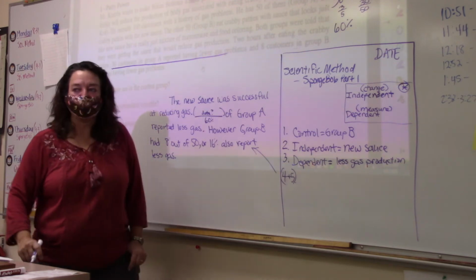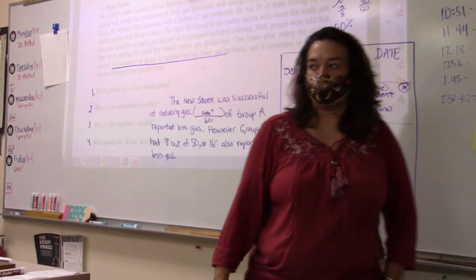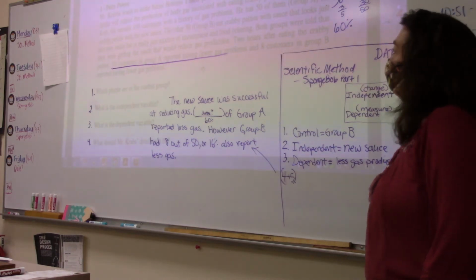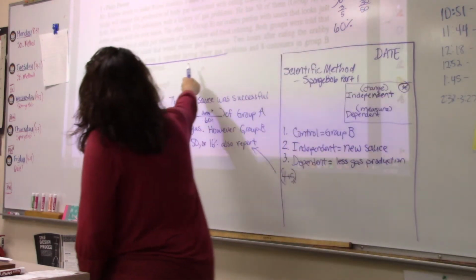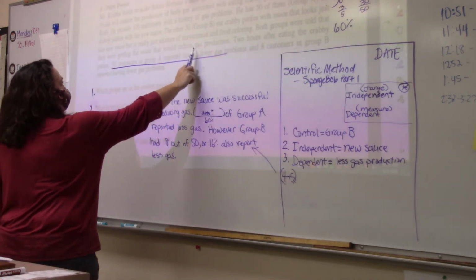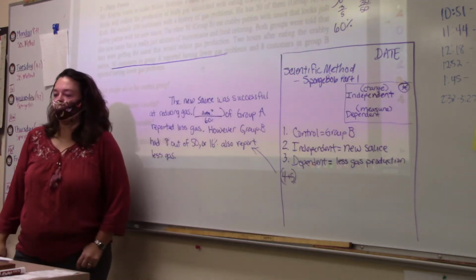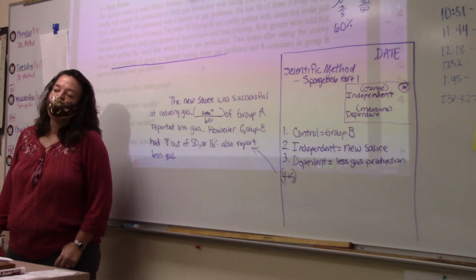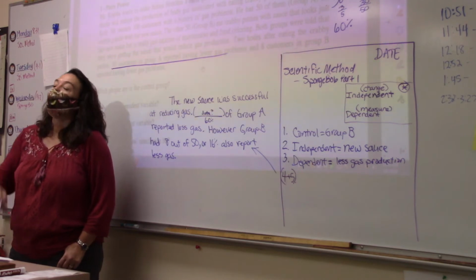Why is it that the non-new sauce group had less gas? What do you think? They were told they were getting the sauce that would reduce gas production. Both groups were told that. What's that group called? I forgot what it's called. What does it mean?